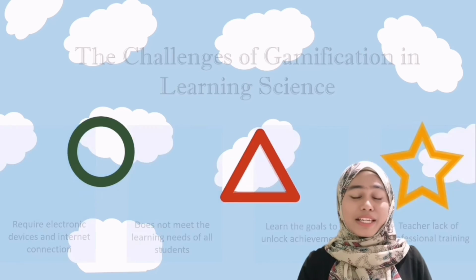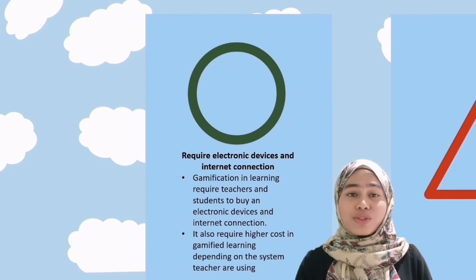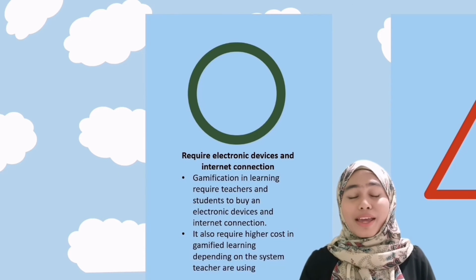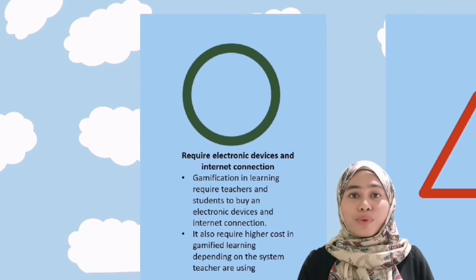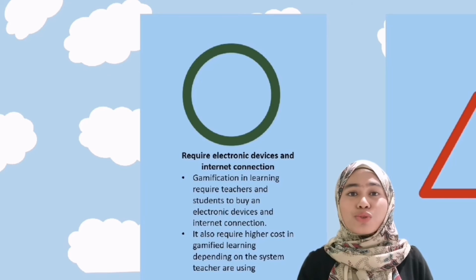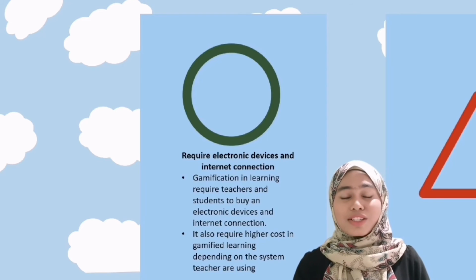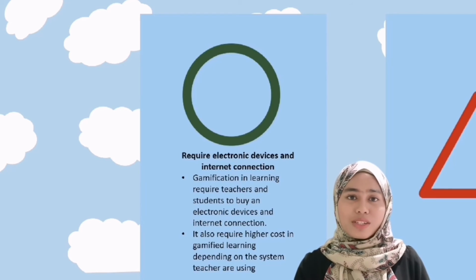First, to implement a gamified learning, teacher and students are required to buy an electronic device and internet connection. This will pose issues especially to students living in rural areas because, as we all know, an electronic device is not cheap and not all students can afford to buy it.